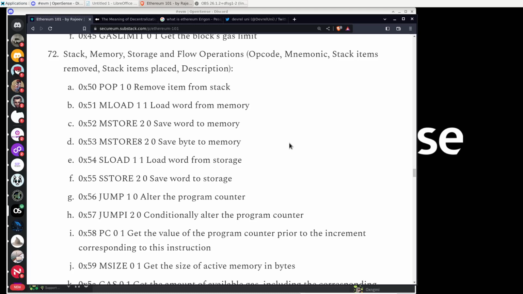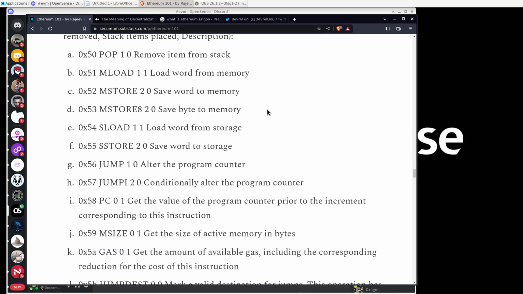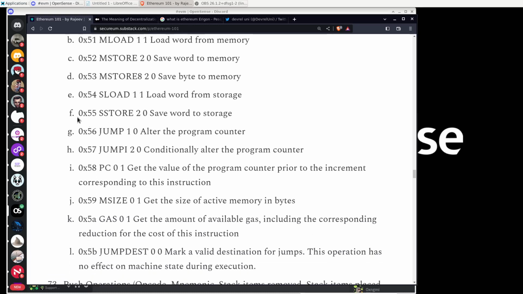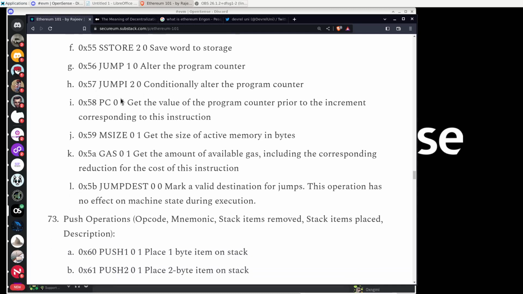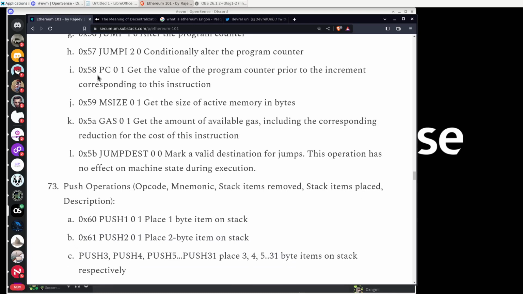Sload, 0x54, loads from storage. 0x55 saves word to storage. 0x56 jump alters the program counter. 0x57 conditionally alters the program counter. 0x58 gets the value of program counter prior to the increment corresponding to this instruction.